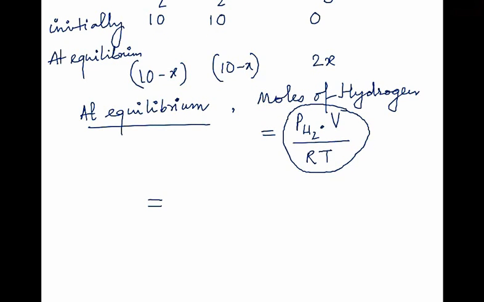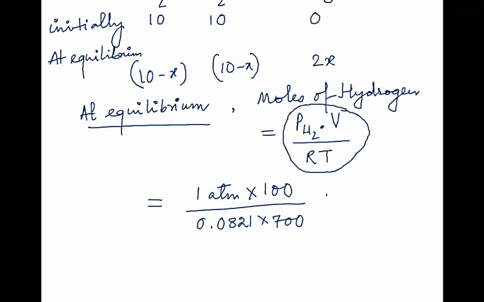Thereby we can say that this is equal to pressure of hydrogen, which is equal to 1 atmosphere, multiplied by the volume, which is 100 liter, divided by 0.0821 multiplied by 700.